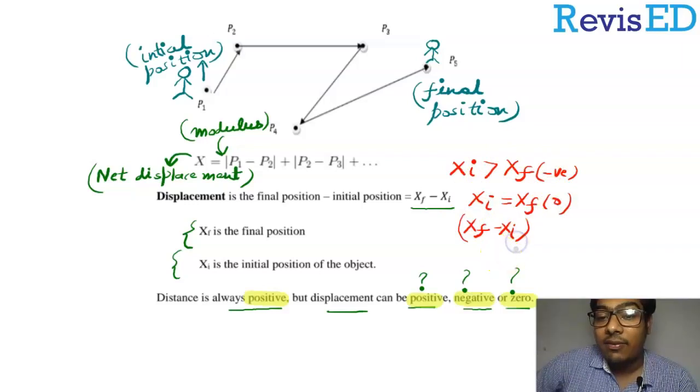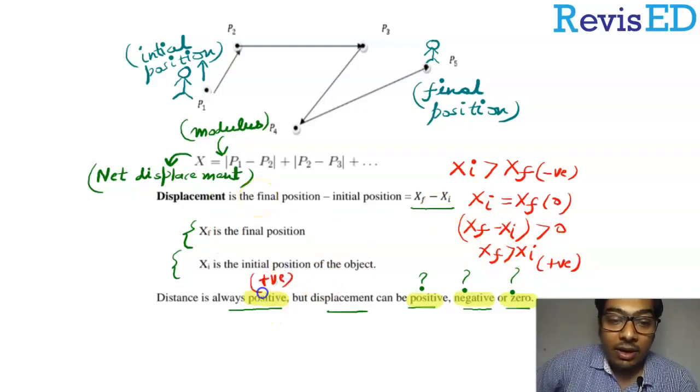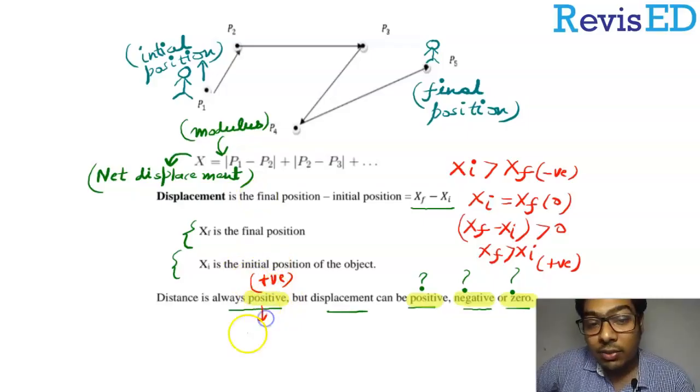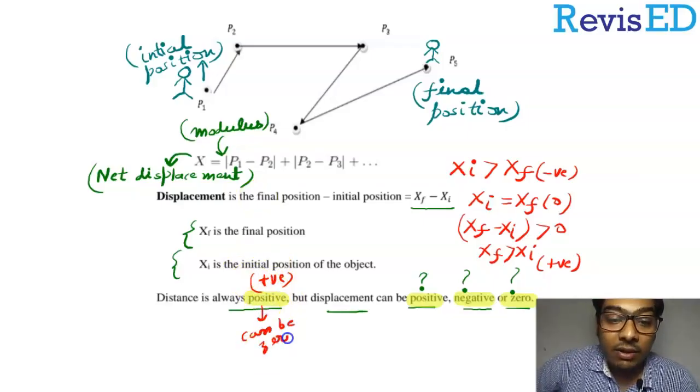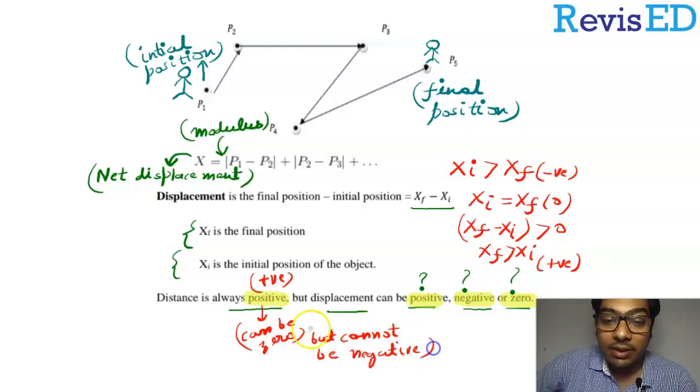If xf minus xi is greater than 0, or in other words xf is greater than xi, then our displacement will be positive. So there are three cases, but distance is always positive. Distance can be zero as well, but distance covered cannot be negative in any real life example.